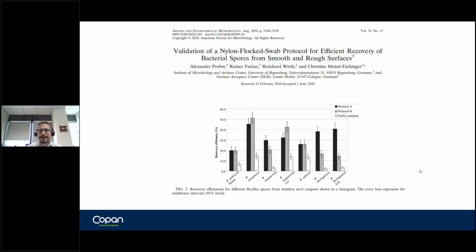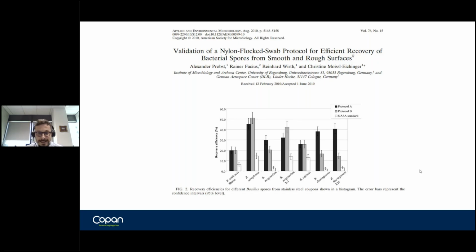So again, the capacity to collect a sample and then release it for detection is dramatically higher for the flock swab. As Copan, we are proud to have this technology in house. It's our patent, and the application of this technology for collecting a sample from a surface can really increase the quality and the amount of sample that can then be detected.